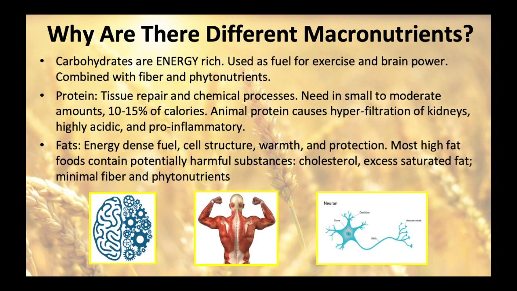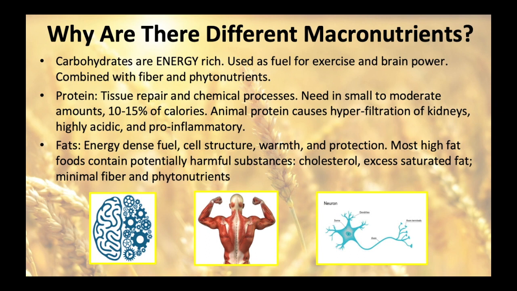They're abundant in nature. We need them in large quantities for fuel, for exercise, and our brain runs on carbohydrates. Carbohydrates are also combined with fiber and phytonutrients that we mentioned before, and these are important for reducing our risk for chronic illness.